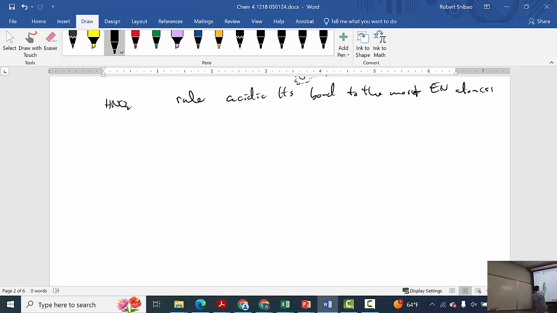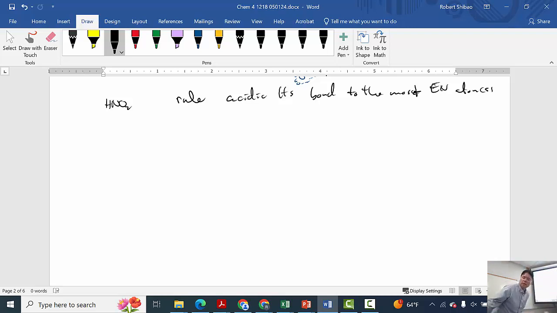And so when I look at the formula, it looks like the hydrogen is bonded to the nitrogen. No, that turns out to be wrong because in this acid, the hydrogen is actually bonded to the oxygen. But you can't rely too heavily on the formula to tell you how it's structured.